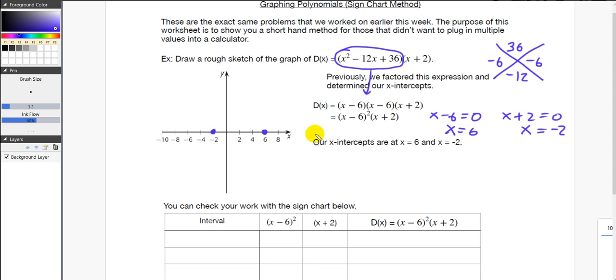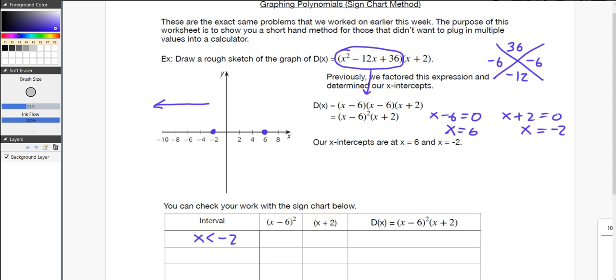Okay, so now we're going to use a sign chart to figure out where our function is above or below the x-axis. First we need to consider this region here. That means we're going to consider any x that is less than negative 2.